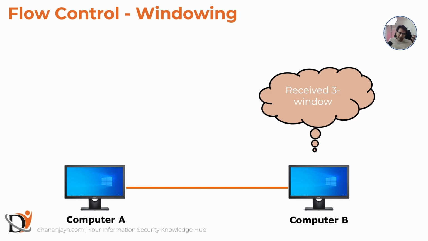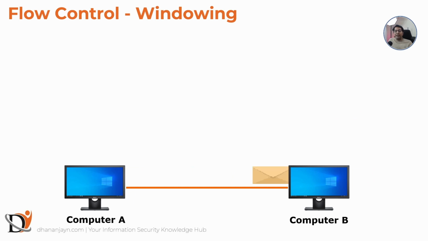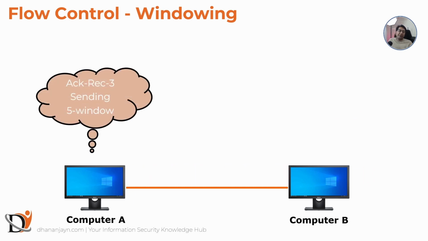So this process of sending data in the segmented format is known as windowing, where the source and destination check the availability, and the destination checks the amount of data that can be transmitted. So now computer B has received all the 3 packets. It will revert back stating that yes, I have received all the 3 windows.